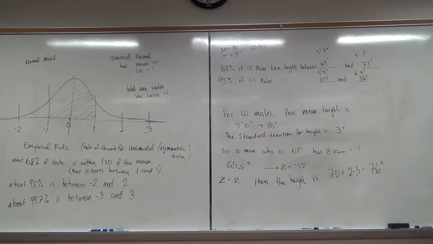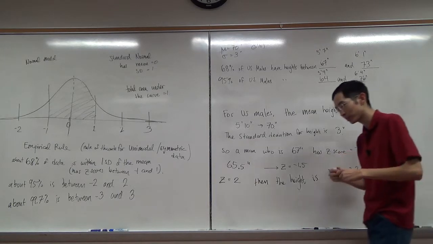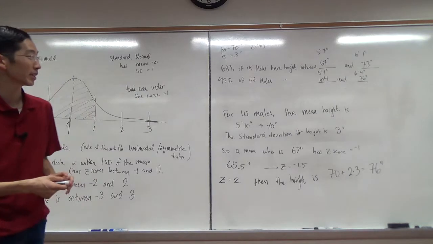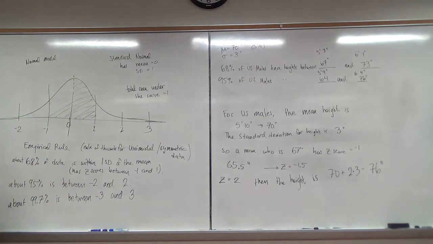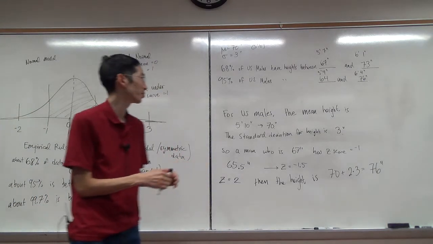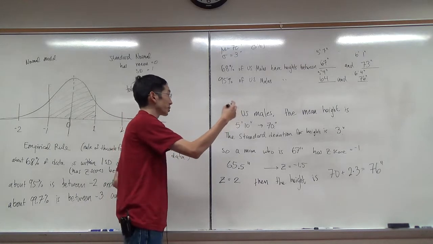Does that match our intuitive sense of heights in the United States? Would you say about 95% of adult males that you meet today are between the heights of 5'4" and 6'4"? It seems like most of the men you know are probably between those heights.